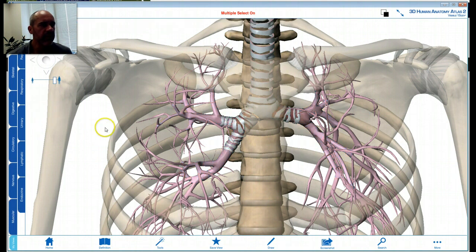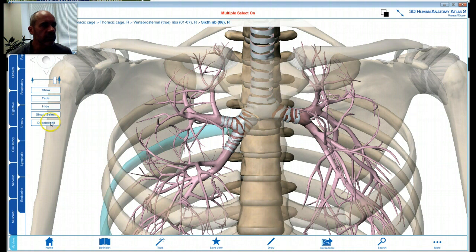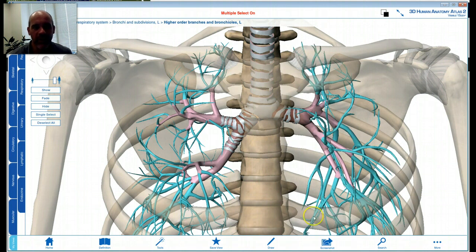All right, so I'm going to deselect those. And then notice, eventually you get into these really tiny twigs that contain air. The smallest little branches, air-filled tubes there, are called bronchioles if you're looking on your lab guide, your anatomy study guide.